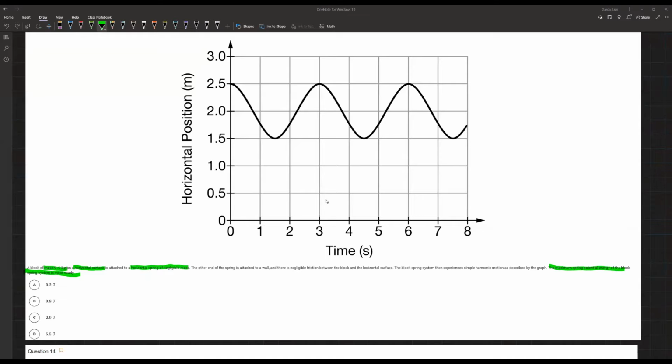All right, so let's go ahead and take a look at this. So as we saw, the spring potential energy is going to be given by 1/2 k times delta x squared, where this is the displacement from equilibrium. So there's a potential mistake that you can make right away.